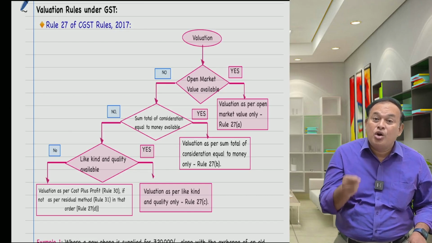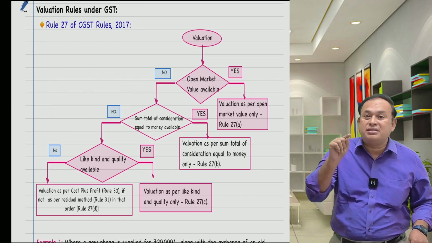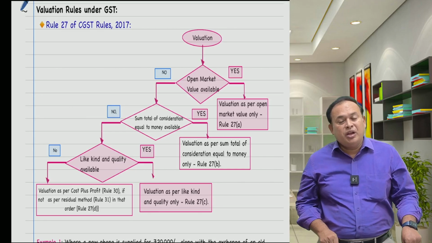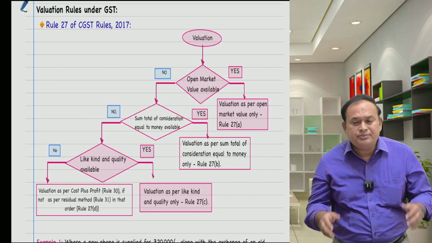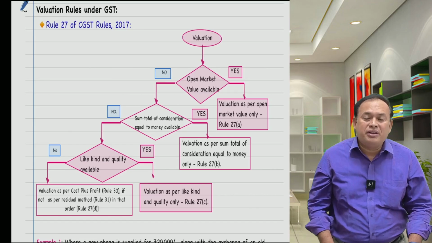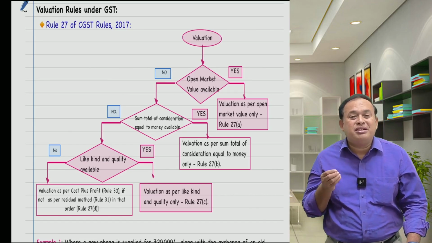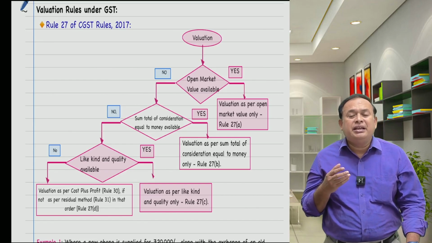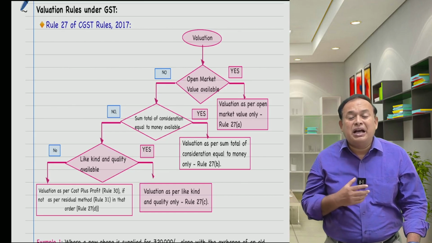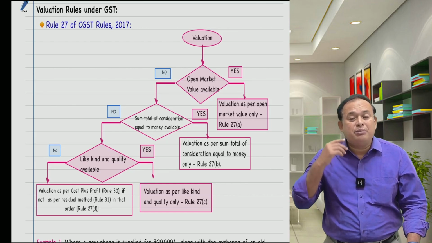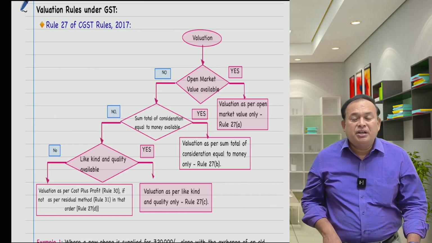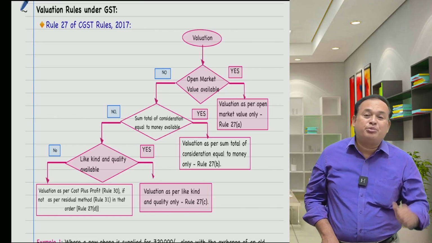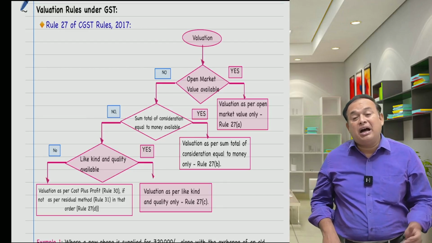Who says so? Rule number 27 clause D says. What does rule number 31 say? Rule number 31 is nothing but best judgment assessment, namely the department will arrive at the value using their best knowledge and demand that the taxpayer pay the tax on such value.